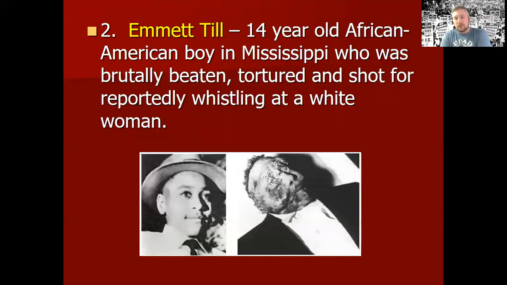But the next story I sadly want to tell you is the story of Emmett Till, who was a 14-year-old young boy. For those in my class, many of you are 14 years old, a little bit older perhaps at this point. He was a young African-American boy from Chicago who decided to go down one summer to spend the summer with his cousins in Mississippi.